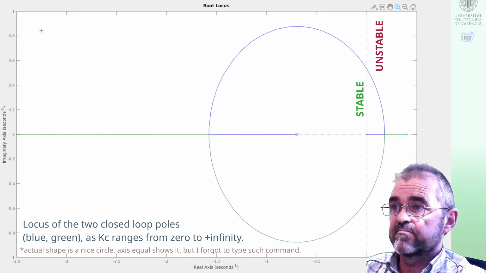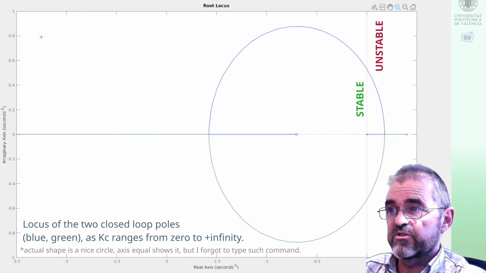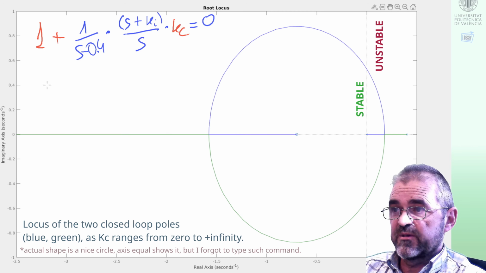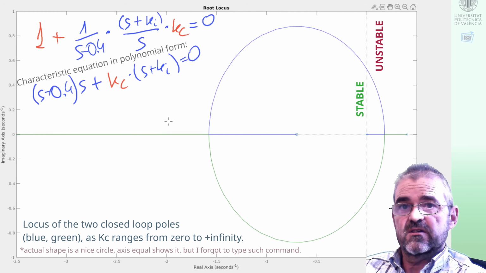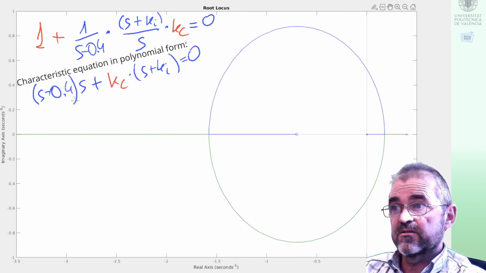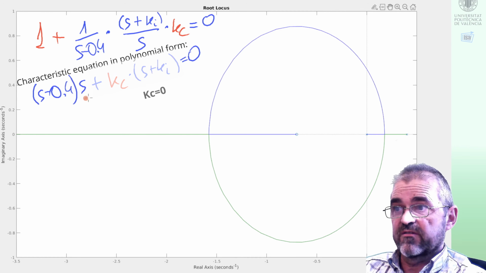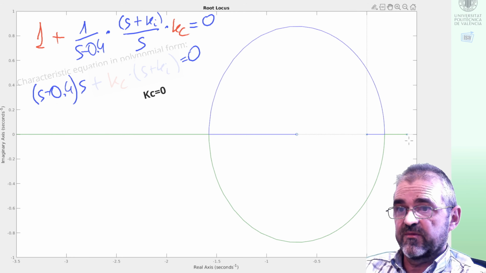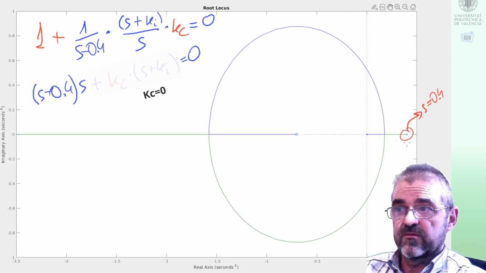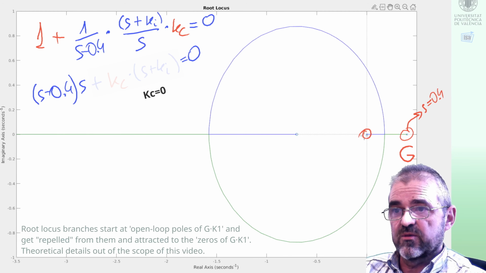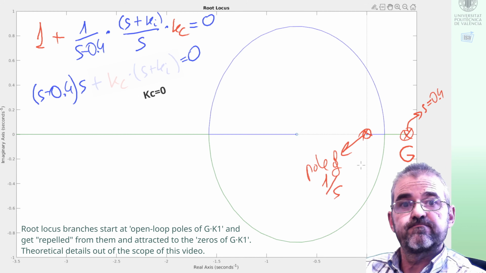First, recall that we are dealing with the characteristic equation like this one, so cleaning up denominators, this is the characteristic equation. Then when kc is 0, we only have the roots of s and s minus 0.4, so at plus 0.4, and then in my plot, this is the pole here of g actually, and this is the pole, the integrator.